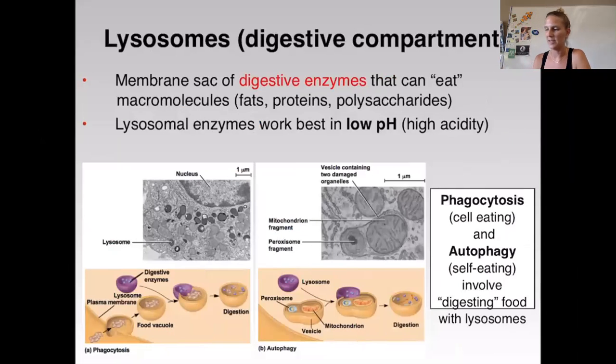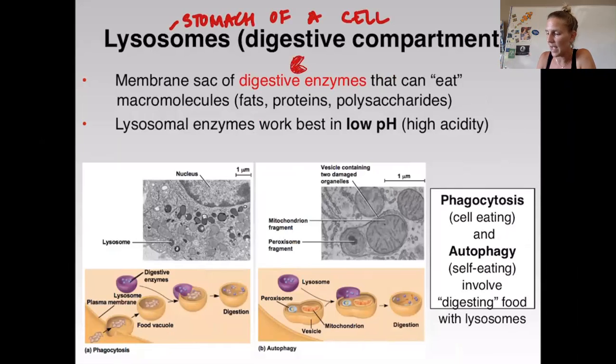Lysosomes, this is one that students usually really like. Lysosomes, I think, are the stomach of a cell, right? The stomach. So that means that they have, again, a membrane sac. It is a phospholipid bilayer compartment within the cytoplasm that contains these digestive enzymes, all right?